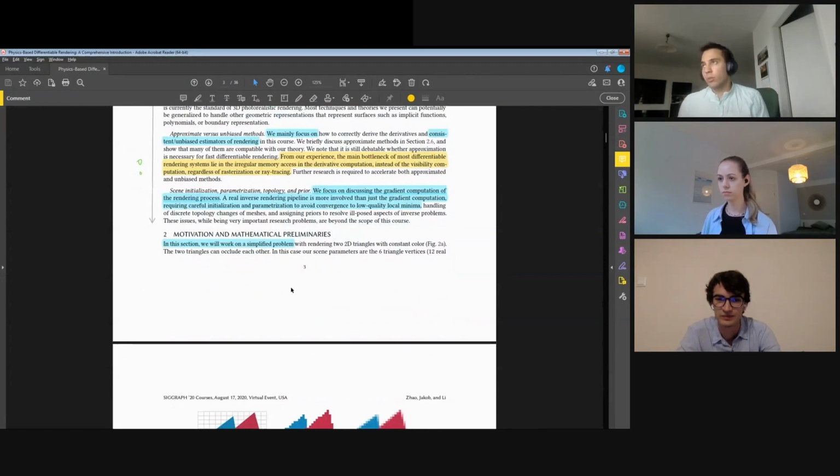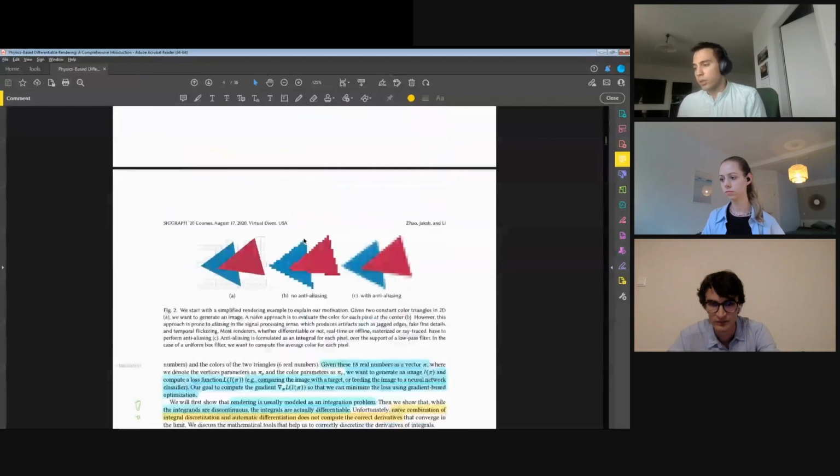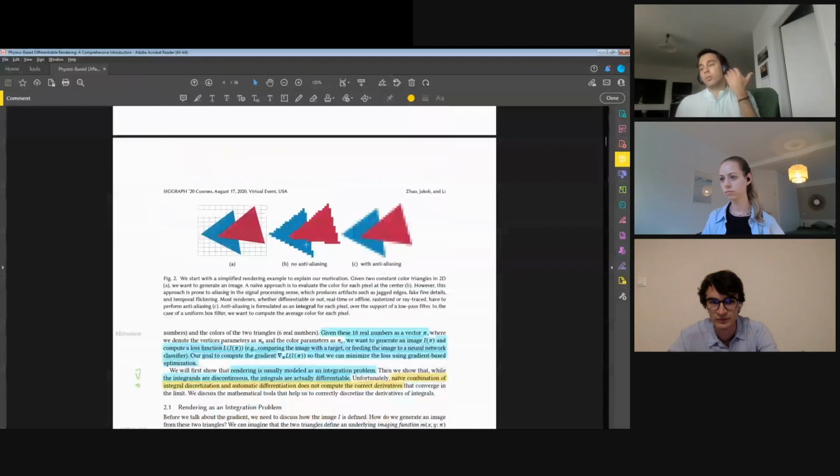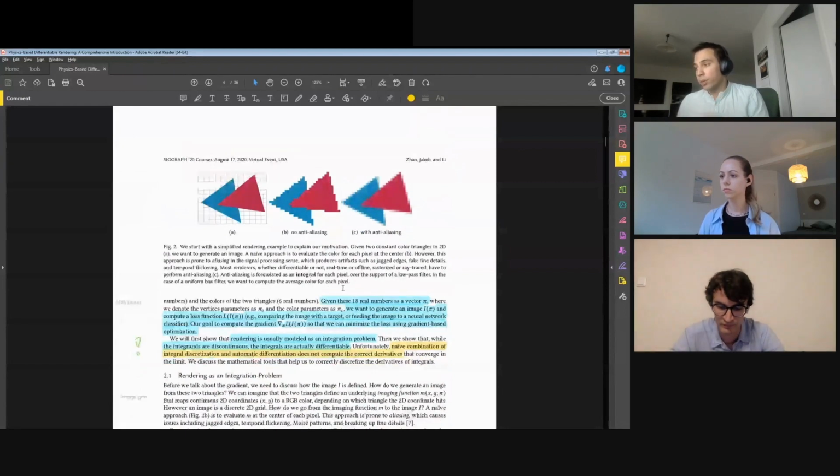However, if you really want to understand how they find the differentiability of the rendering process, I would definitely recommend reading these sections, because they basically provide the reader with a toy example and point out what difficulties there are and what you need to be careful of to achieve the task of differentiating the rendering process itself.